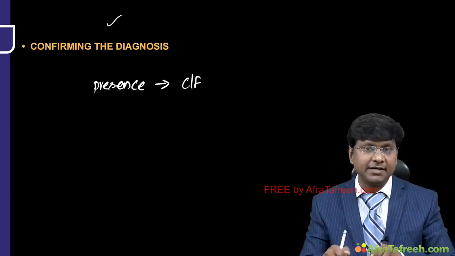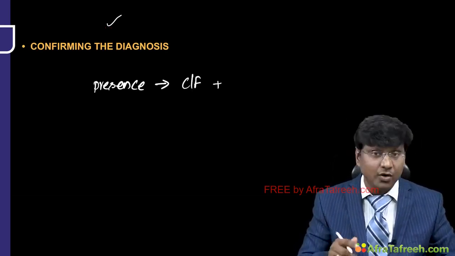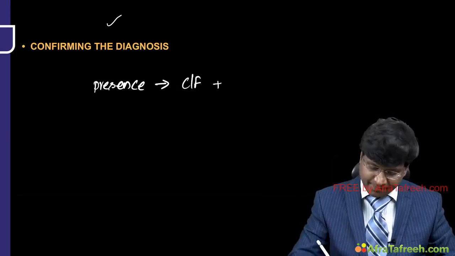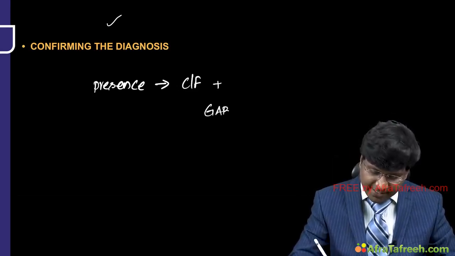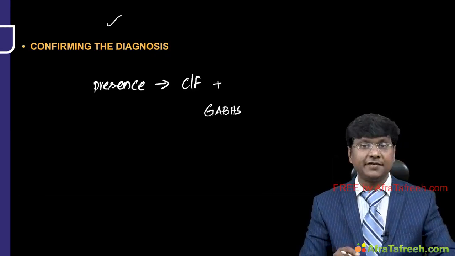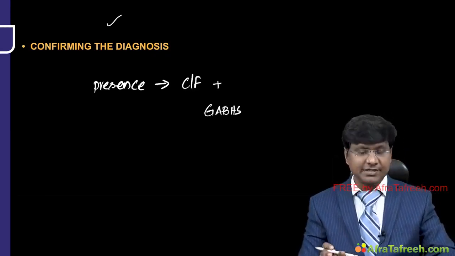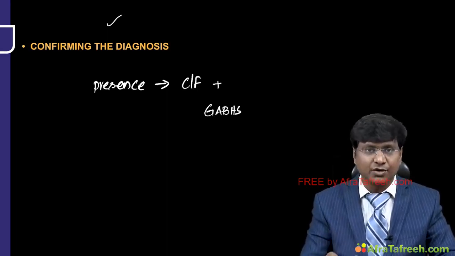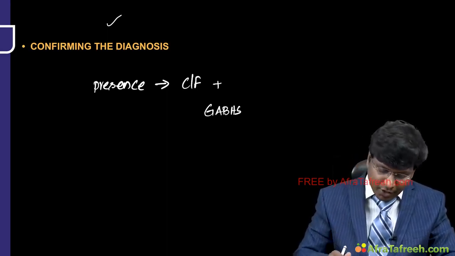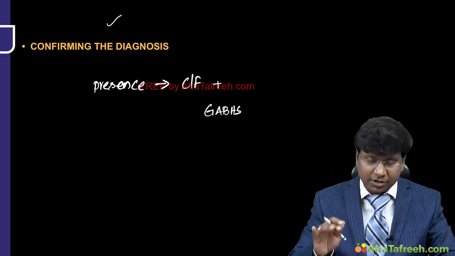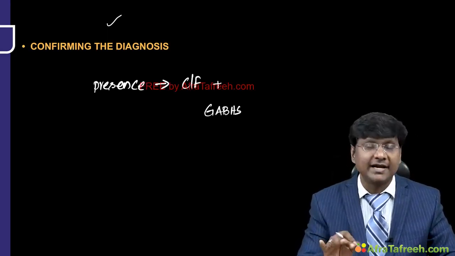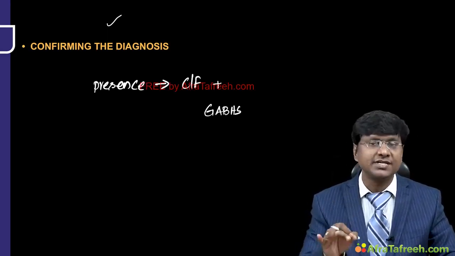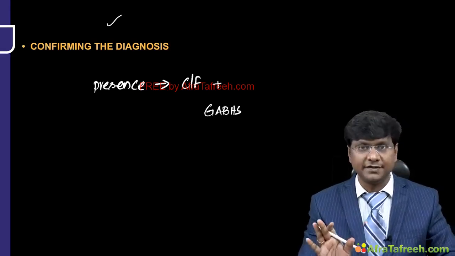Along with the typical clinical features, the individual will also have a preceding group A beta hemolytic streptococcal infection, and that can be diagnosed by your serology. Now, based on the clinical features as well as serology, Dr. Jones has made a criteria which is called the Jones criteria for rheumatic fever.